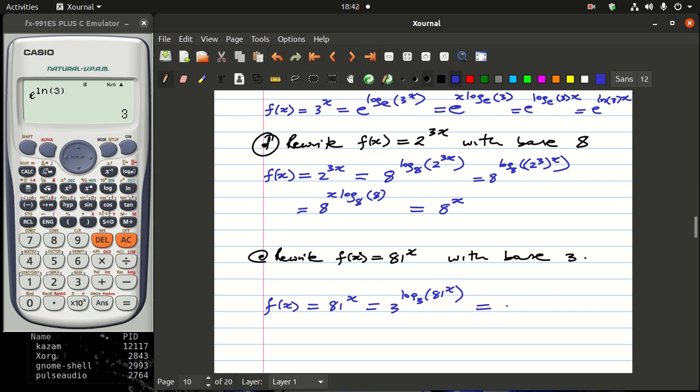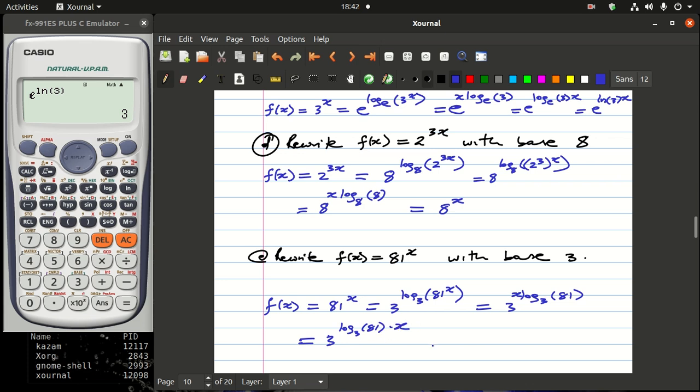This is going to be the same as 3 to the log base 3, but this x I want to bring in front, so I will be left with 81 here, and I will have an x there. And if you look carefully, I will end up having 3, but this x can be this side, and we have log base 3 of 81, and then times x there.